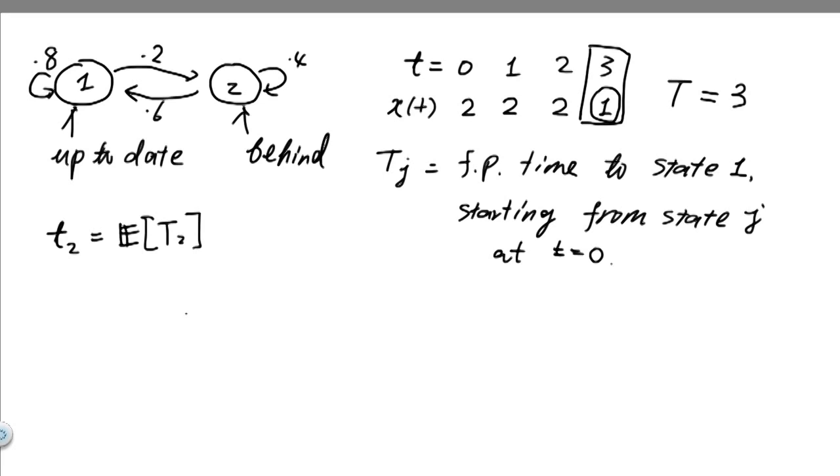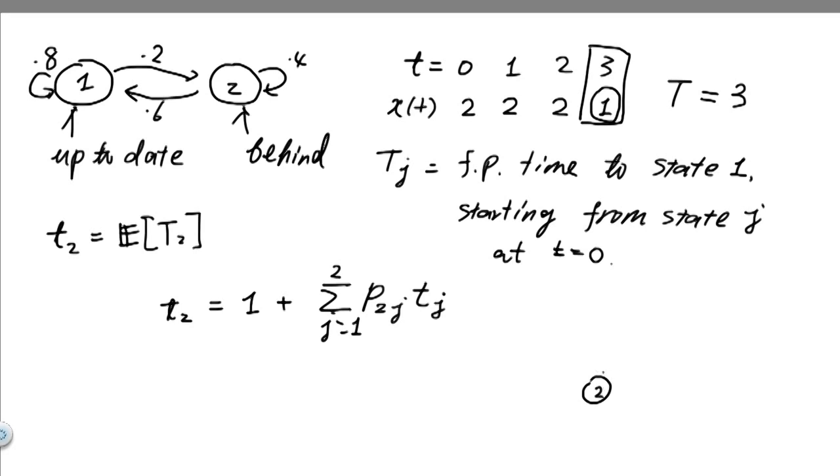To calculate this quantity, the following recursion will be very important. We don't know exactly what T2 is, but T2 has to satisfy a certain recurrent equation, namely T2 must be equal to 1 plus the summation over j equal to 1 to 2 of p2j tj. Let me explain what this equation means. Let's say we are at state 2.